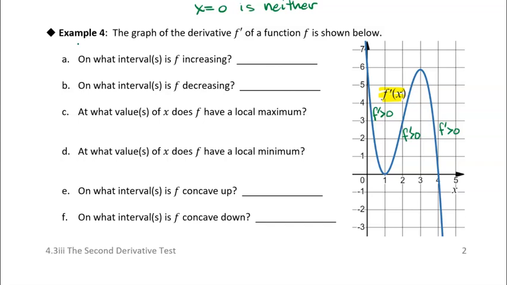So it's greater than 0 for x less than 4, and the derivative is less than 0 after 4, when x is greater than 4.